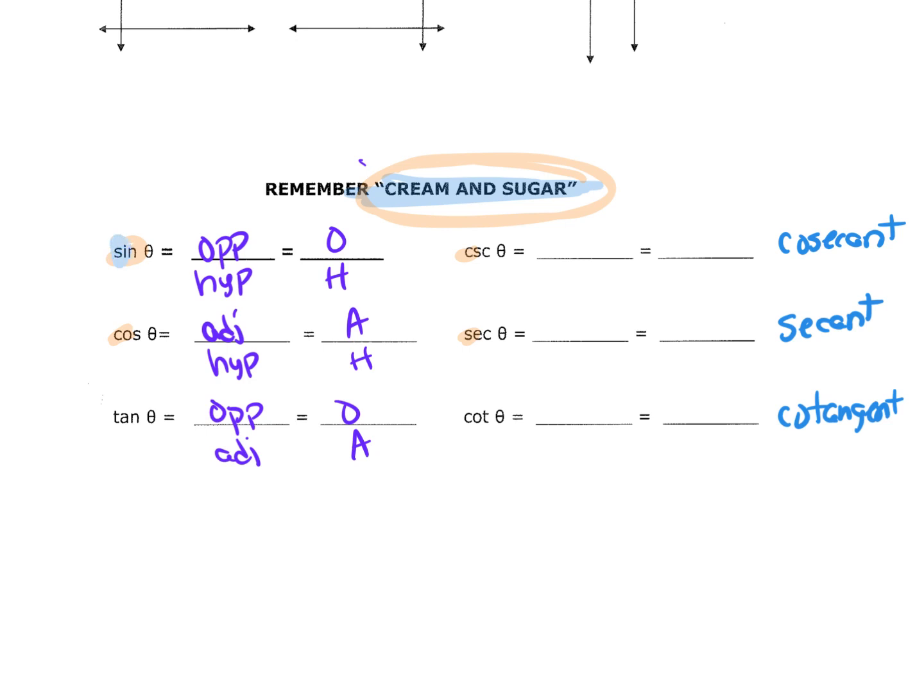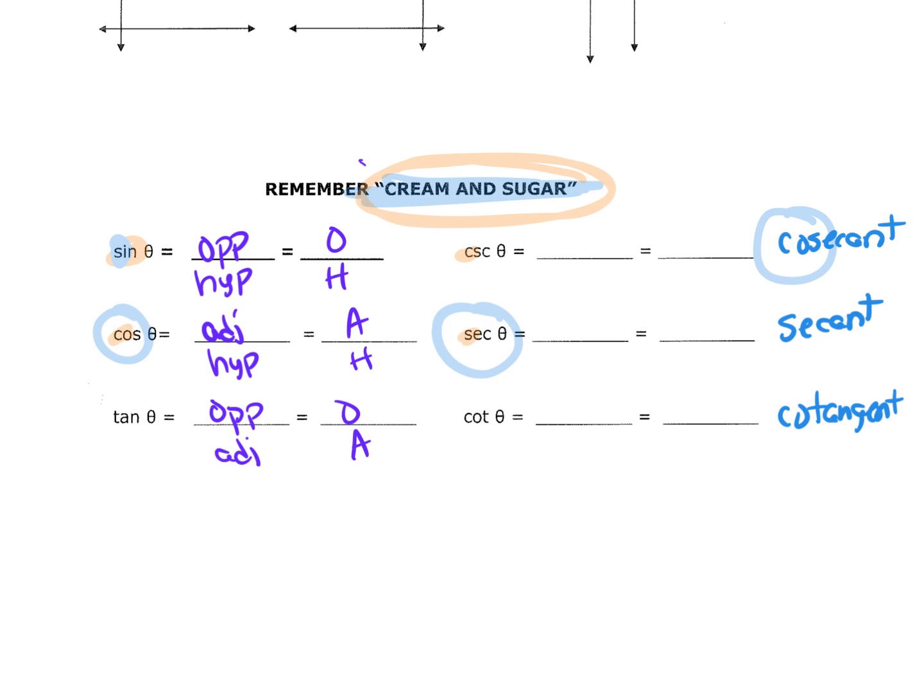So the reciprocal function needs the C. So that's why it has to be the cosecant. Right? For this one, we have the cosine. So we have the cream, we have the C. We need the S. So that's why it has to be the secant. And then tangent and cotangent, those are reciprocals. So for some people, the cream and sugar helps them remember. Sine and cosecant are reciprocals, cosine and secant are reciprocals, and so on.